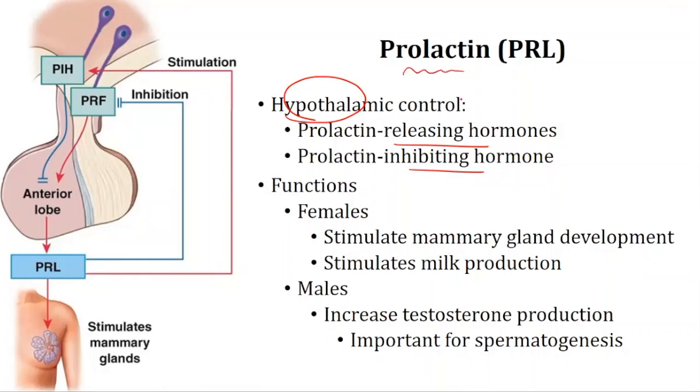The name tells us a lot, right? It's prolactin. So it's going to stimulate the mammary gland development and stimulate milk production. In males, it's also important. It's going to increase testosterone production, sex hormone, and testosterone is crucial for spermatogenesis, which means making of sperm.